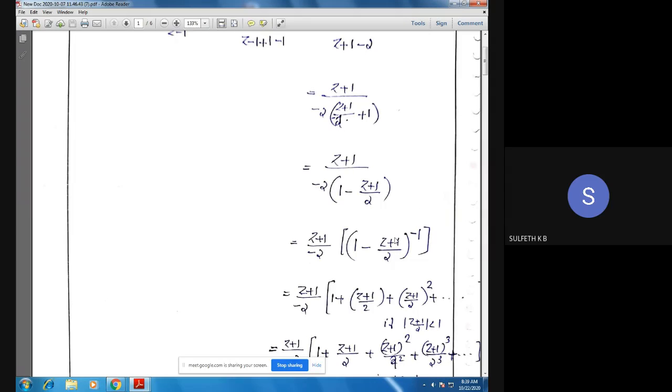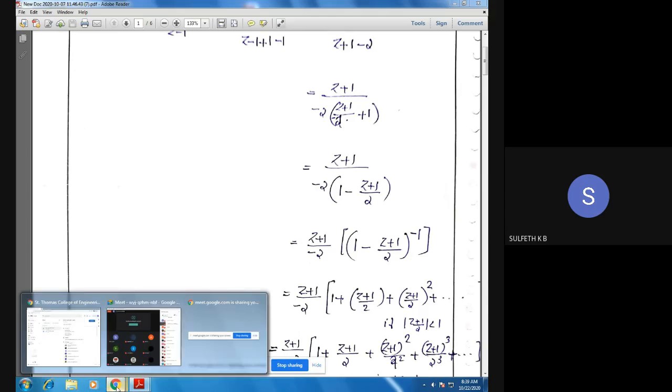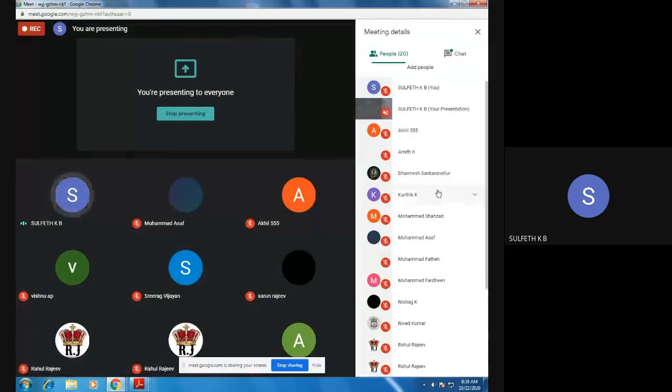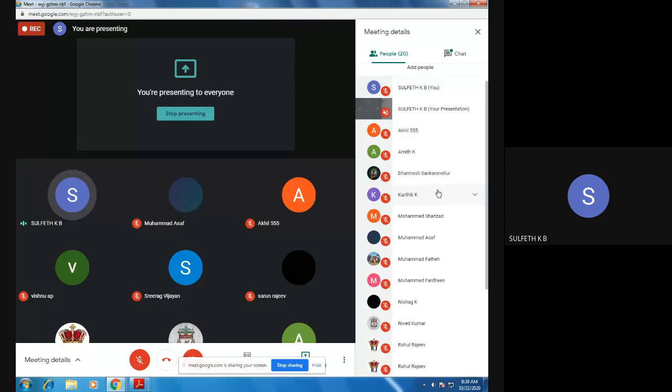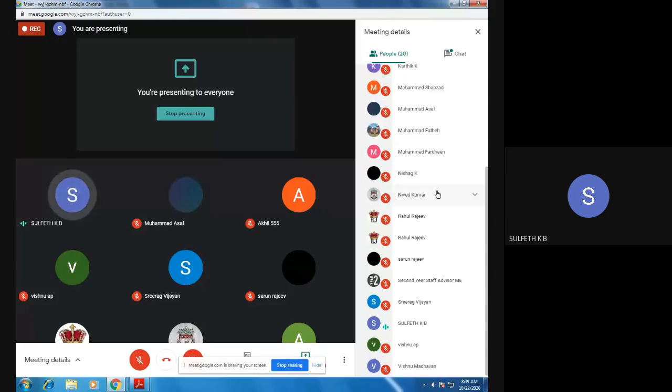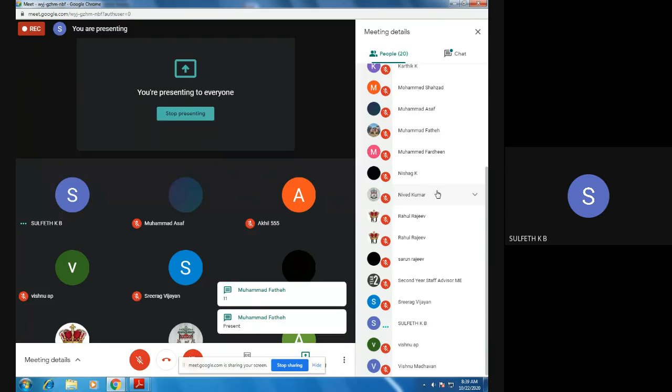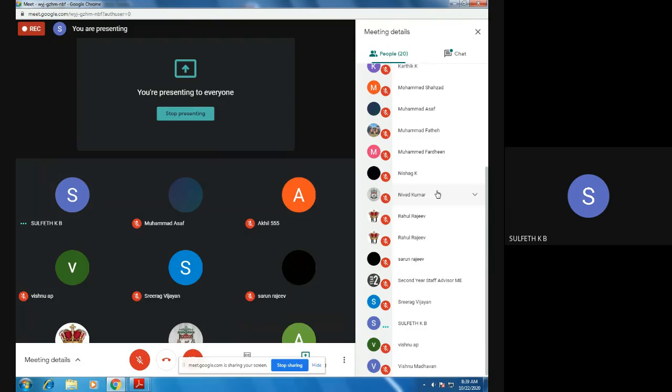What is the series expansion for 1 by 1 minus z? Rahul, give an expansion of 1 divided by 1 minus z.